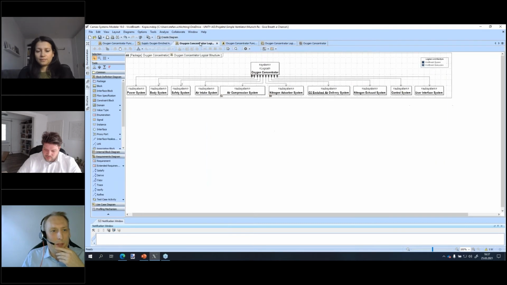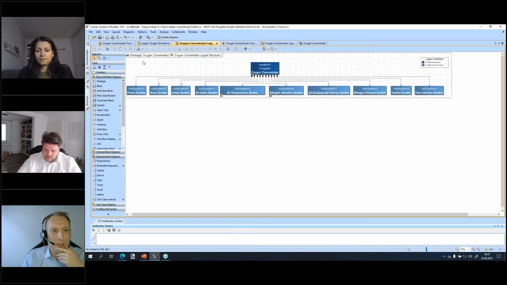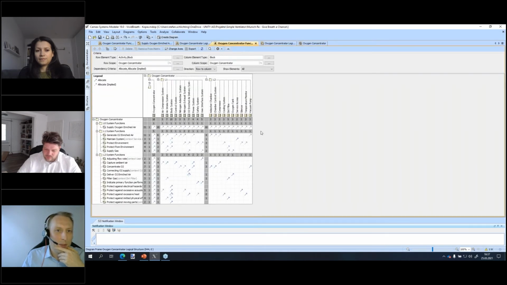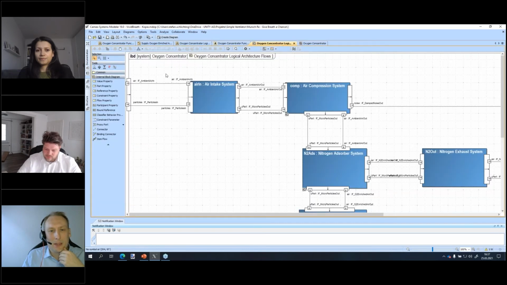Then we do have here again, the logical system architecture and also the allocation table. What I didn't show so far in the slides was, okay, we also of course mapped how the flow is actually between the logical elements, in this case of the oxygen concentrator.